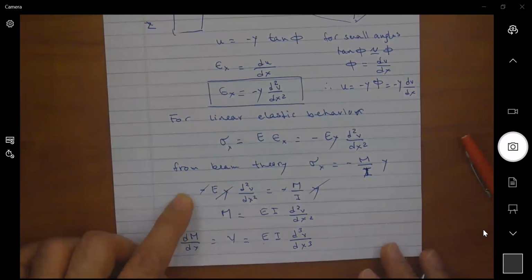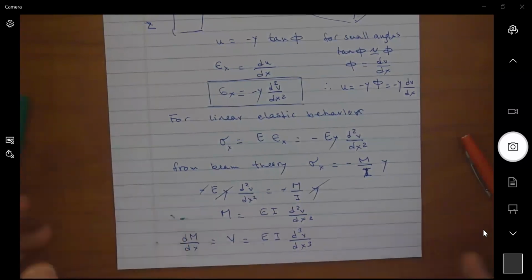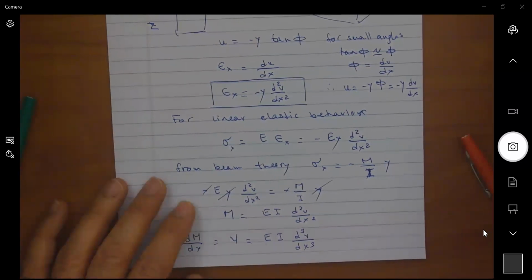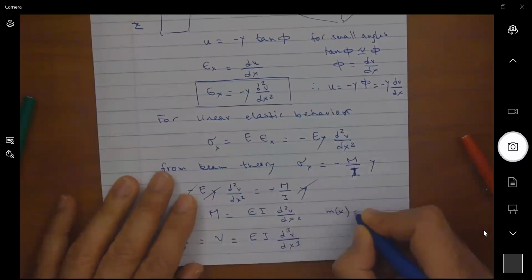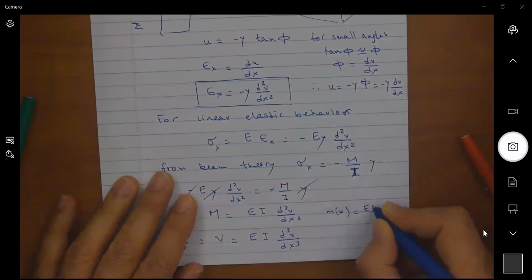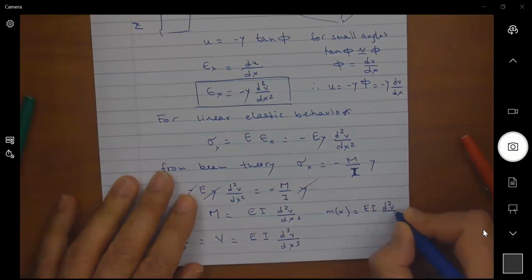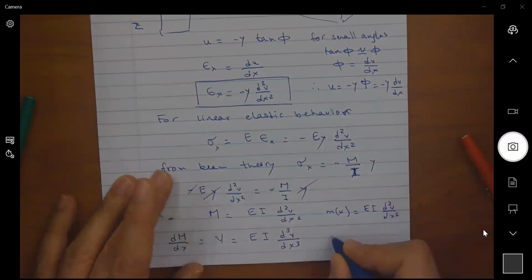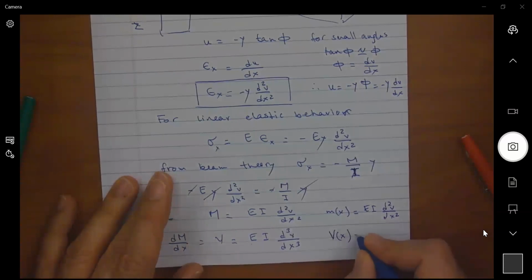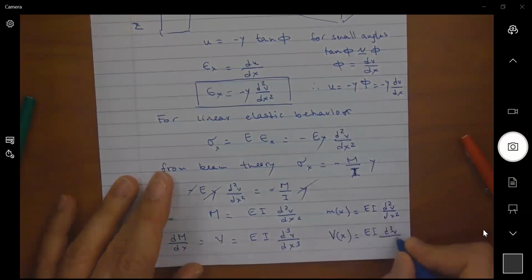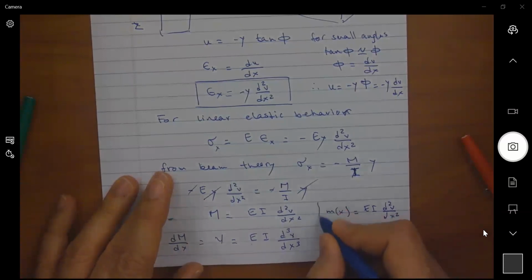So this will give me the bending moment and shear at any x. So I can write it here as M of x is equal to EI d2v by dx squared, and V as a function of x, I want to keep this uppercase V, is equal to EI d cubed v by dx cubed.